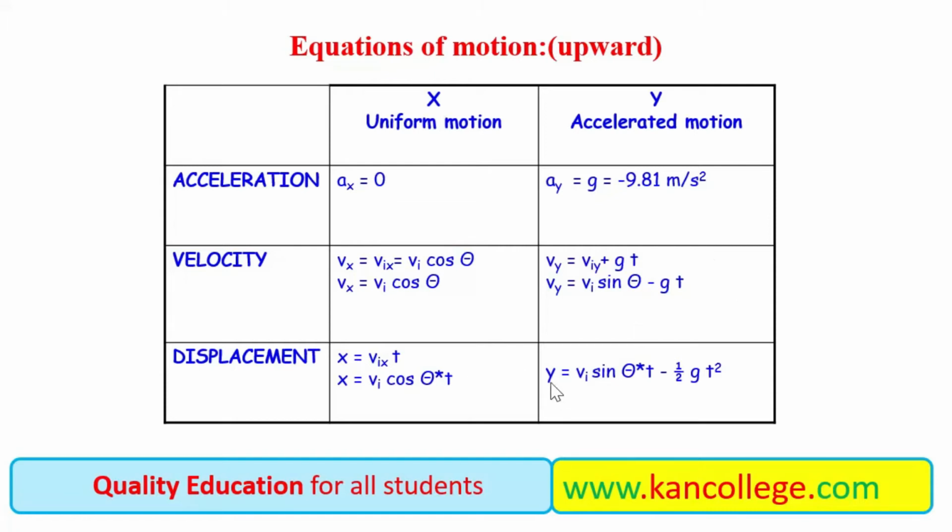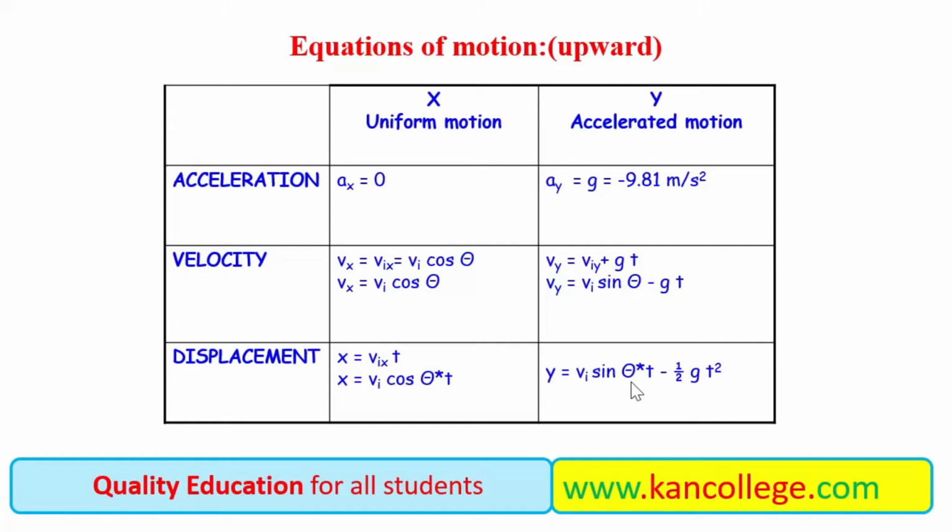Similarly, from the second equation of motion, we can calculate the distance along the y-axis. As we know, the second equation of motion is equal to Vit plus half gt square.